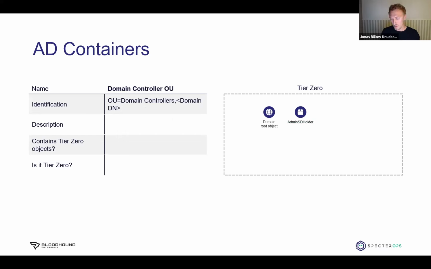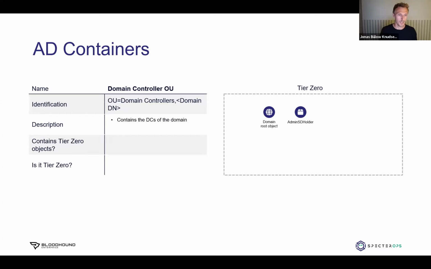The Domain Controllers OU. Here we have an OU, and OUs are a bit different from containers in the sense that you can also link GPOs to OUs. You can also do that to the domain root object. You cannot do that to containers. But the Domain Controllers OU here contains all the domain controllers of this given domain.